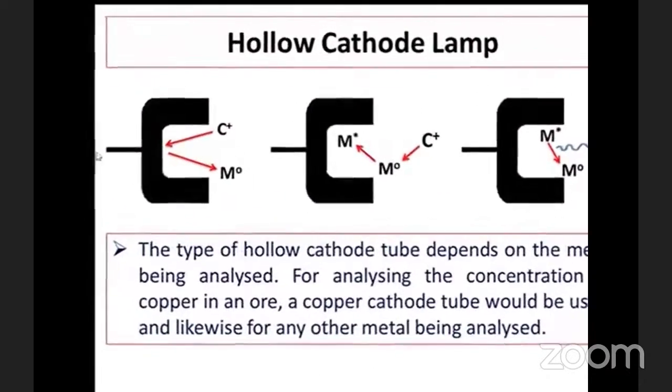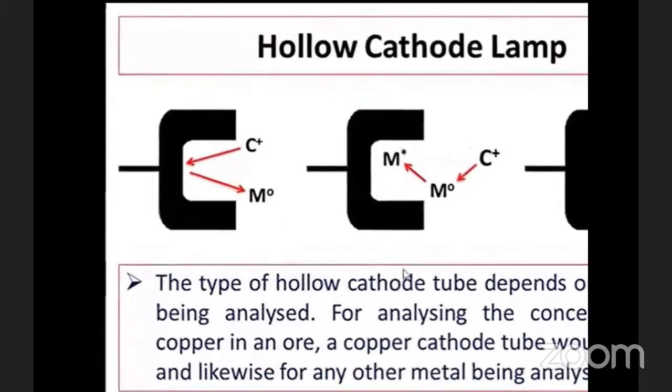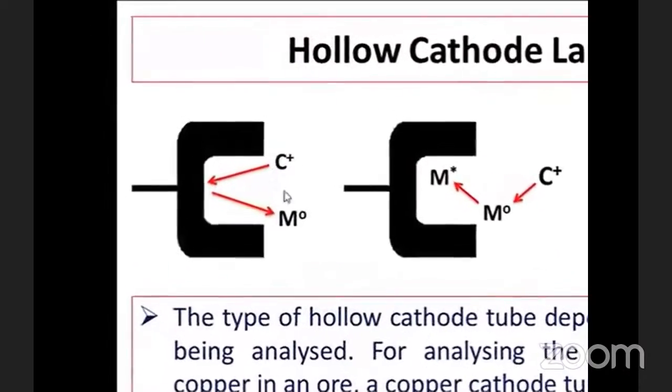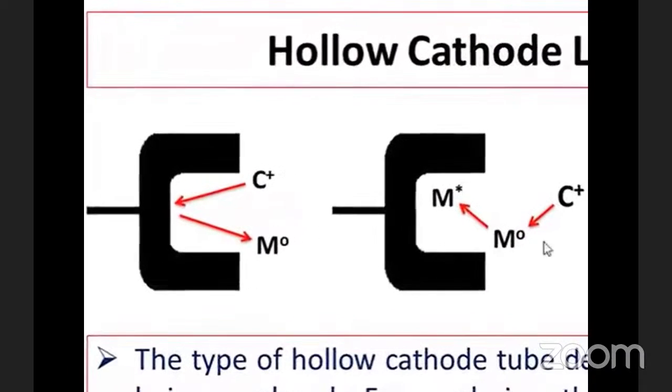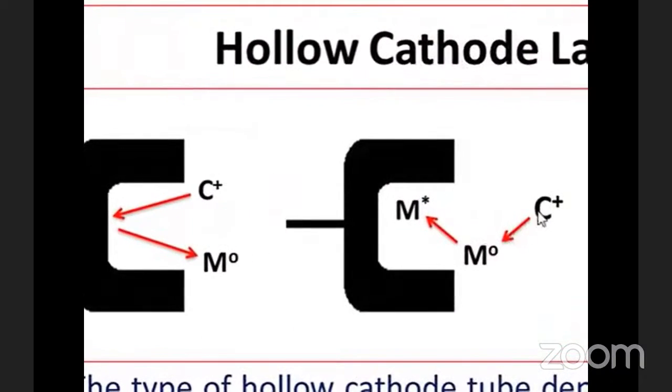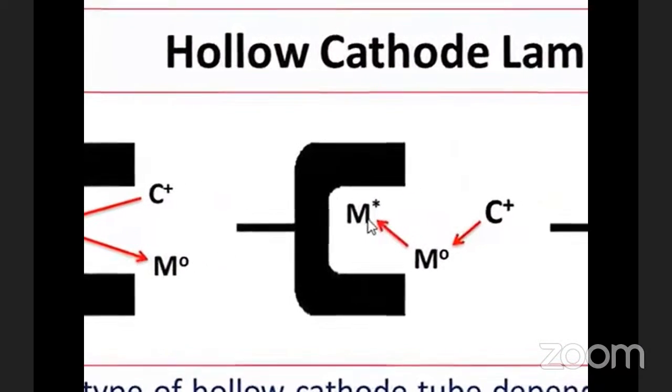So this diagram explains this whole phenomenon. These fast moving ions strike the surface of the cathode and remove the surface metal atoms. This process is called the sputtering process. Then these metal atoms collide with these highly energetic gas ions and get excited.